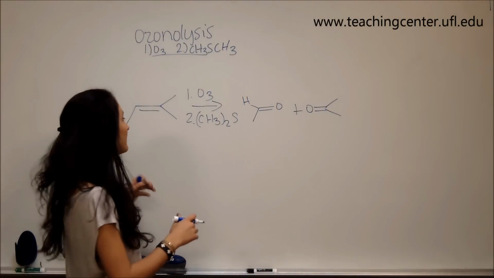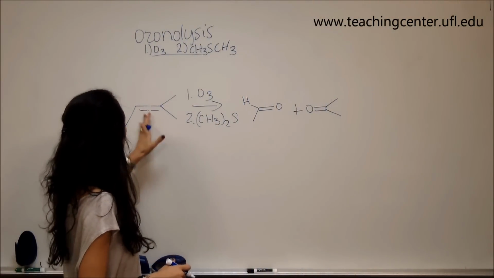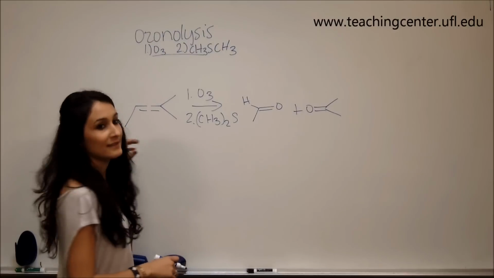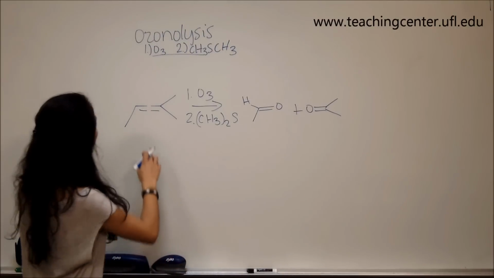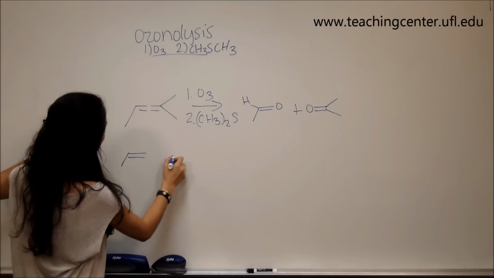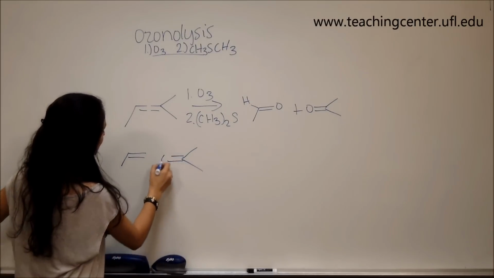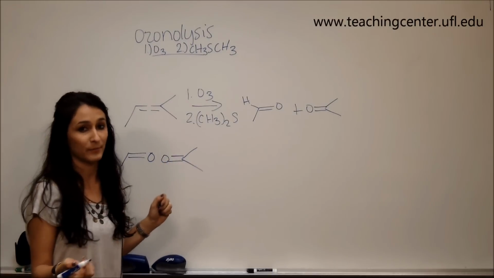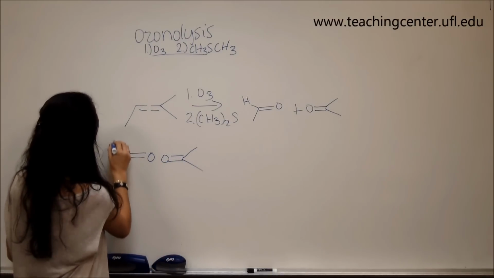Okay, so basically what happens is that it's going to cleave this double bond and then it's going to oxidize it. So the way I like to think about it is that you've just cut this bond and then you kind of separate them and then you just add oxygens on. And it's that simple for ozonolysis.